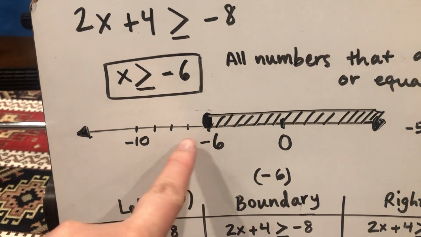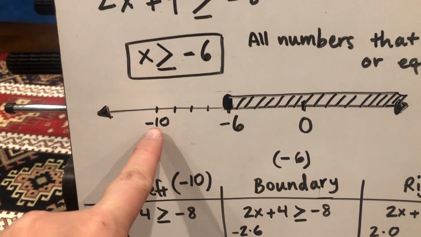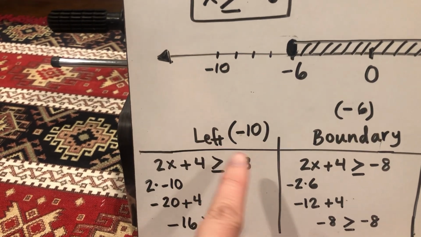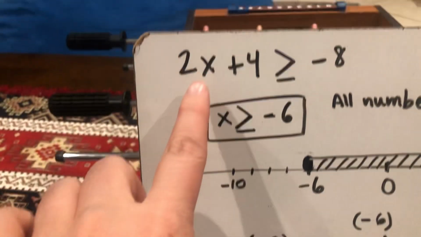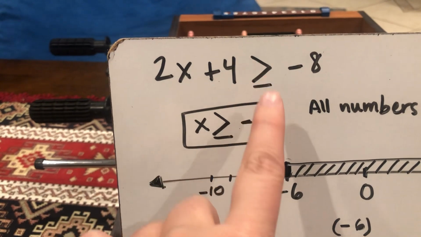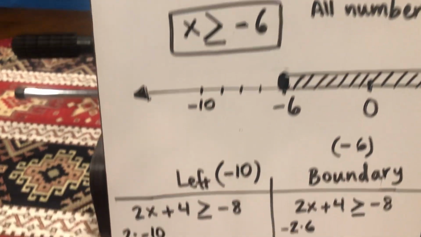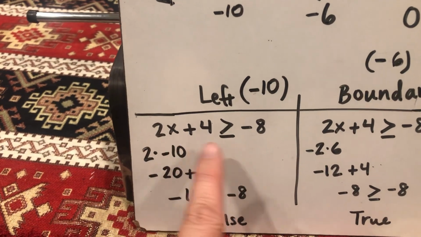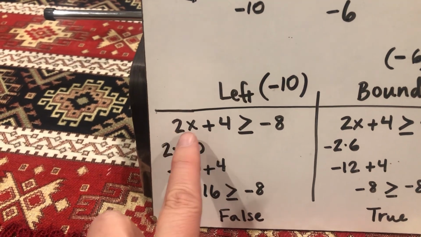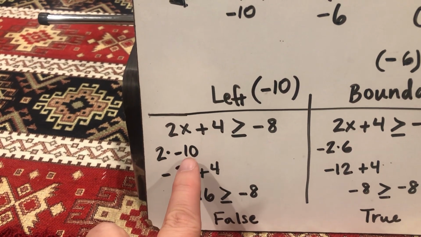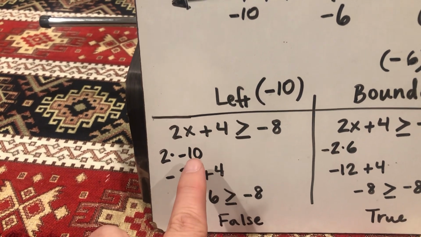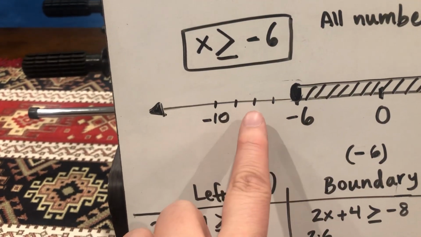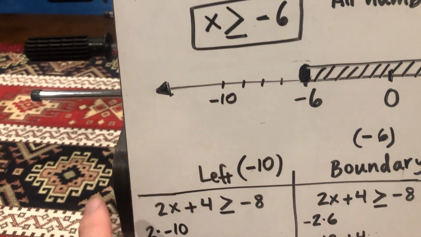So we're going to pick a number on the left side, such as negative 10, and plug it into the original inequality, 2x plus 4 greater than or equal to negative 8. I go ahead and do 2 times x, 2 times negative 10. Remember, negative 10 is the number I chose. I can choose other numbers as long as they are to the left of negative 6.